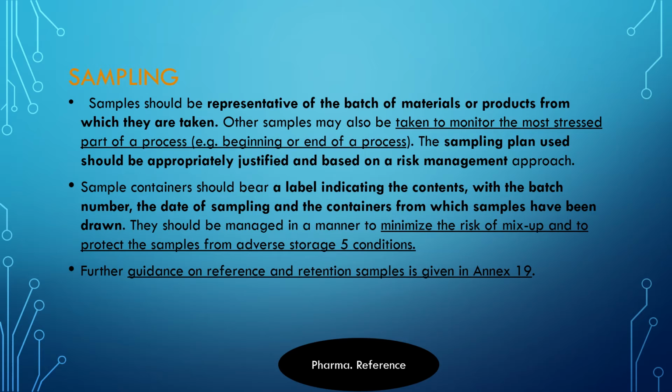Sample containers should bear a label indicating the contents, with the batch number, the date of sampling, and the containers from which samples have been drawn. Further guidance on reference and retention samples is given in Annex 19.